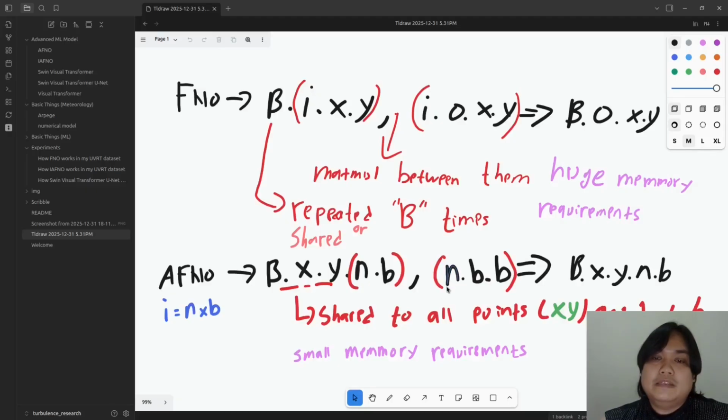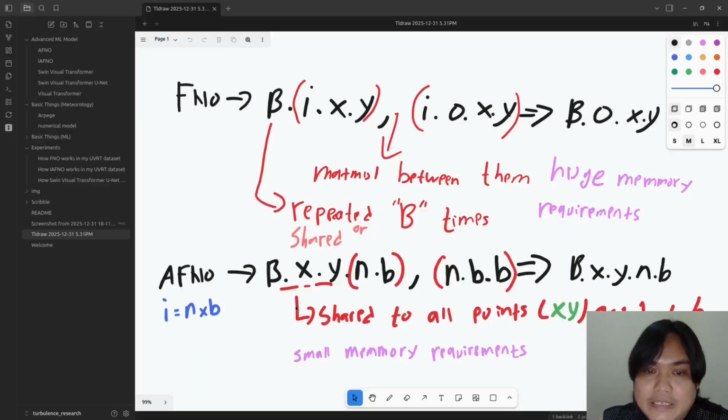The shape of the weights that we use in AFNO is like this: N times B. Because of this shape, the dimension involved in the multiplication is just N and B of the AFNO input. Compared with FNO, where the dimension involved is just E, here it's just N and B, which is the I here, right?